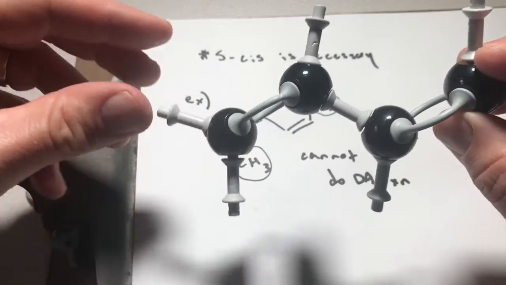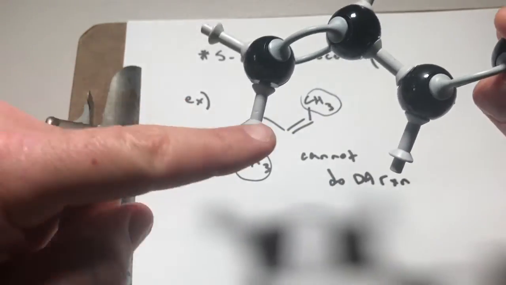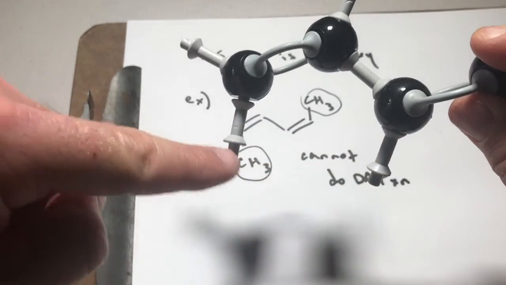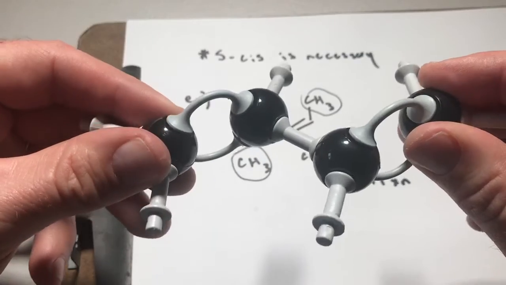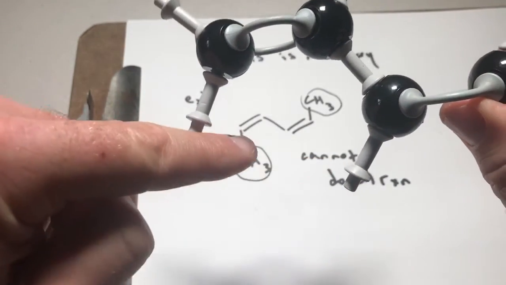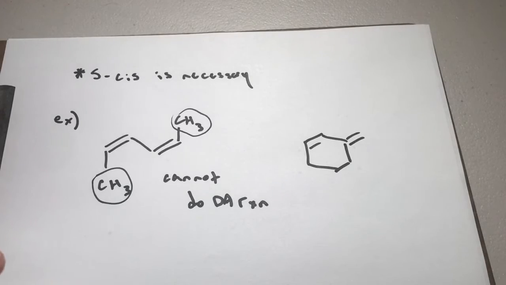That's something you'll often see, where if I were to put a ring right here, it's going to be really difficult for that thing to get into any kind of S-cis form, because you're linking these things back. Hopefully that makes some sense. So there's an example of something that would really struggle to do a Diels-Alder reaction.